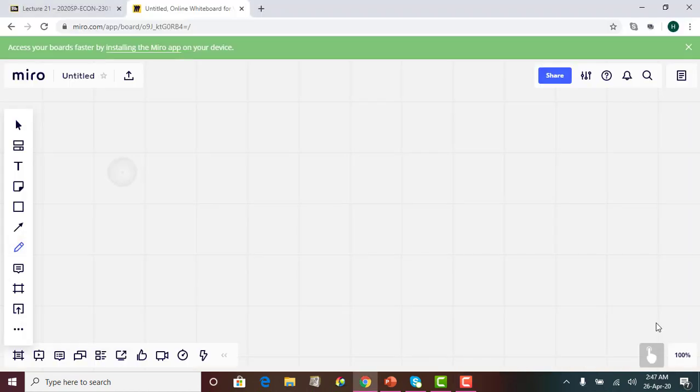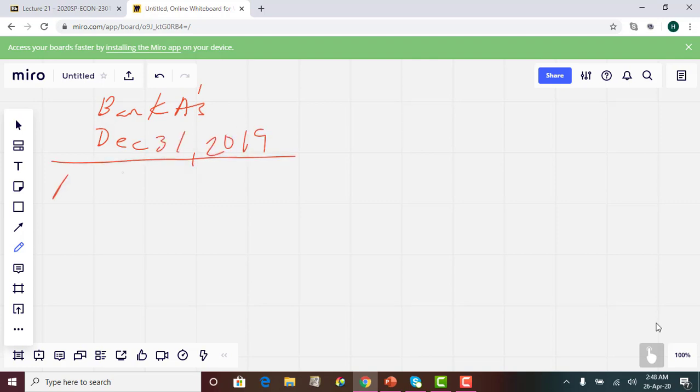As an example, let's say we are given Bank of America's, or Bank A's, balance sheet as of December 31st, 2019. By now you know what a balance sheet means and how it looks. On the right hand side, we have the assets. On the left hand side, we have liabilities on top, and net worth at the bottom. Let's say assets were given.